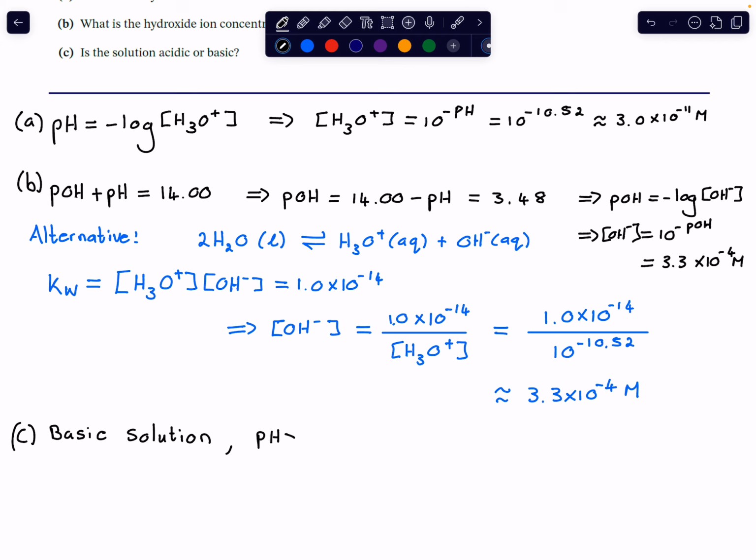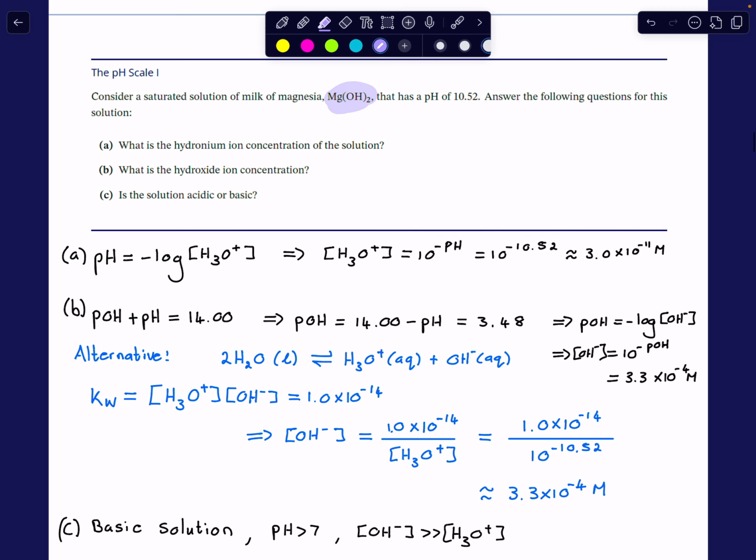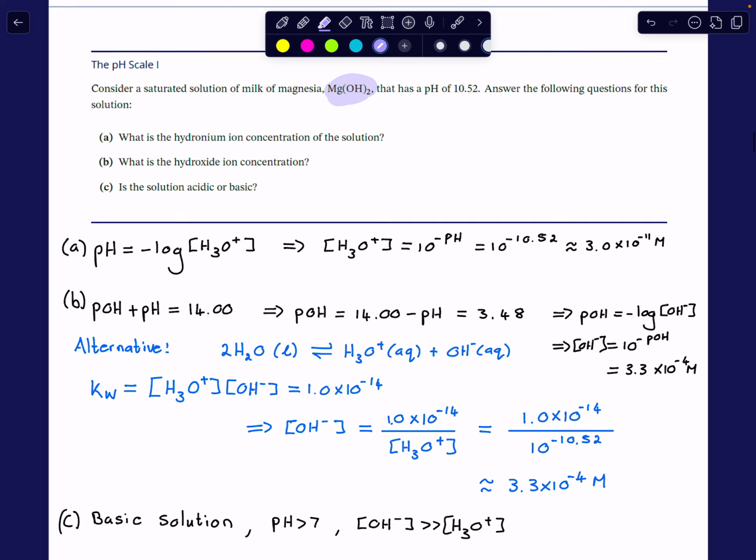Because the pH is larger than 7. The hydroxide ion concentration is much larger than our hydronium ion concentration. And we're working here with a base, right? So we have magnesium hydroxide, so that is to be expected.